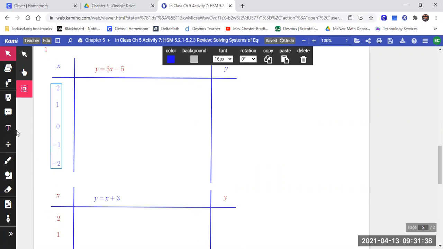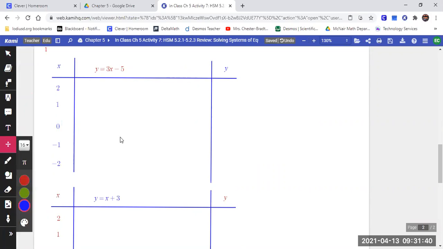Okay, so someone tell me, what's my next step that I do? What piece of my equation am I going to use? I got a couple people who need to fix those cameras, please. What piece of the equation do I use? The whole equation? Or just part of it?